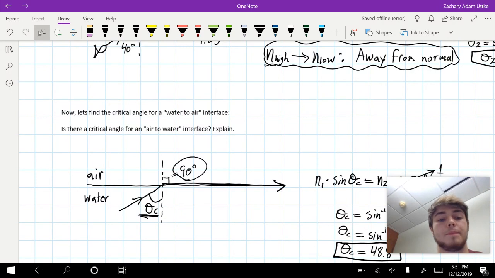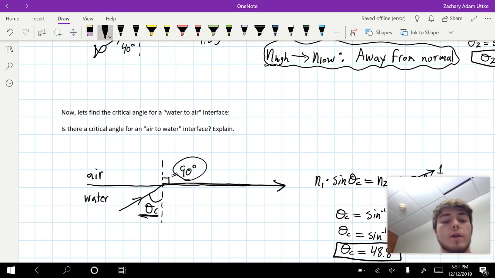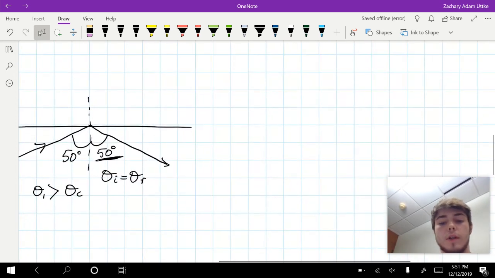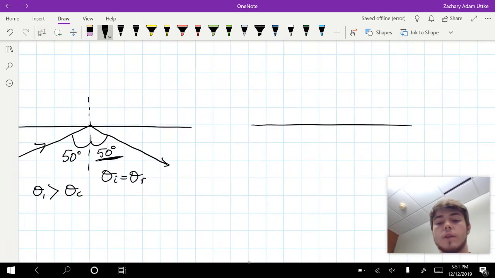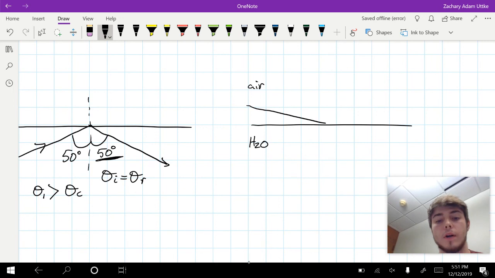And still thinking about the same subject, is there a critical angle for an air to water interface? So instead of coming from water and going to air, how about we flip it where we go from air to water? So let's draw this. So now, is there ever a time where you start in air, you go to water, where this angle will ever be totally reflected?